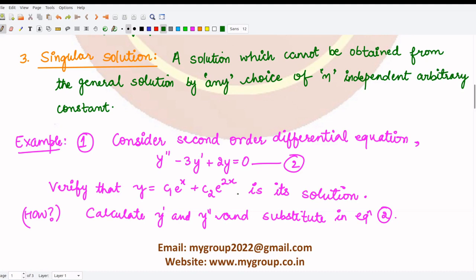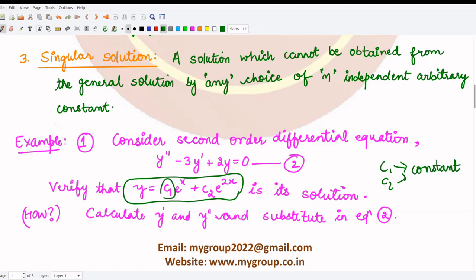Now I say y is equal to c1 e to the power x plus c2 e to the power 2x is a solution of this differential equation. What are c1 and c2? They are the arbitrary constants we were talking about. They are independent and arbitrary in nature, because one is not dependent on the other. They can take any values. Because our equation was of second order, we have two constants present here.